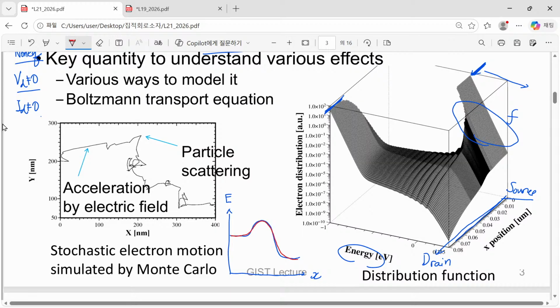Then where can you find this red colored line? This red colored line is corresponding to this red colored line. Here you can have this red colored line, and beyond this energy, maybe we have some chances to fill our empty space with electrons.